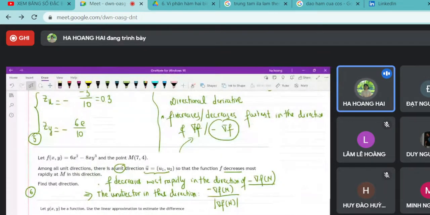Okay, so my answer is we have U1 here, the unit vector direction is, and U2 we have, is that right?